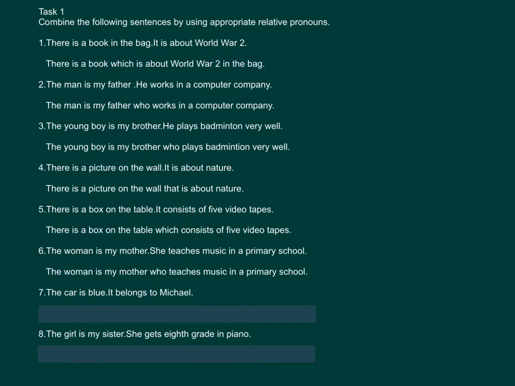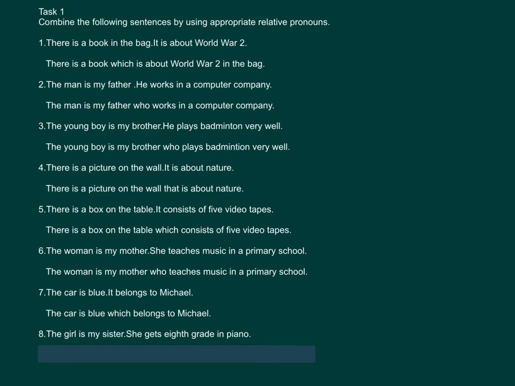Number 7. The car is blue. It belongs to Michael. The answer: the car is blue, which belongs to Michael.